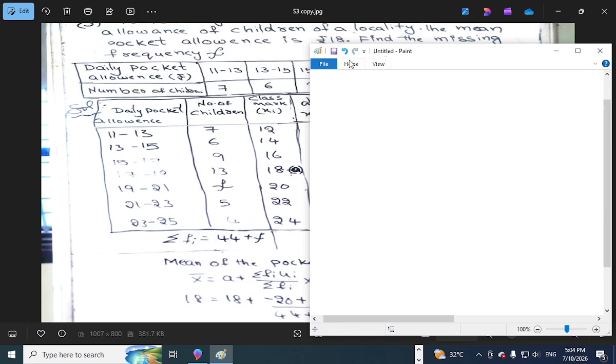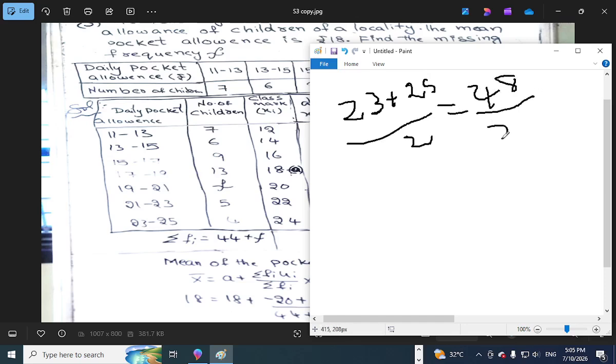Then the final class, 23 to 25: 23 plus 25 by 2, which equals 48 by 2.